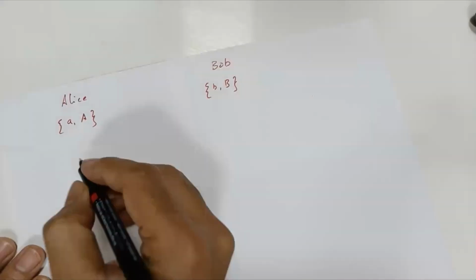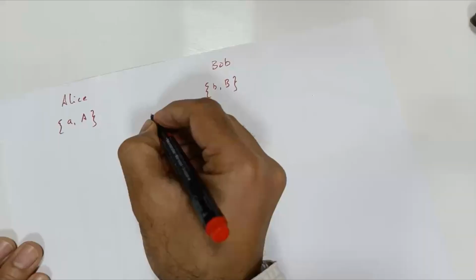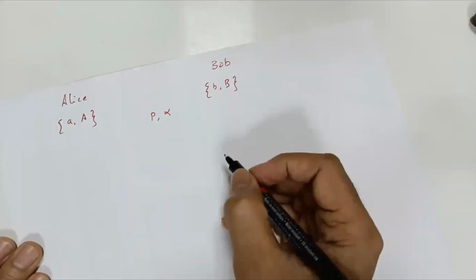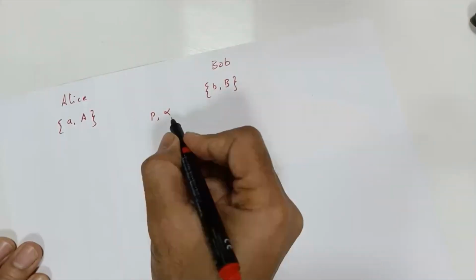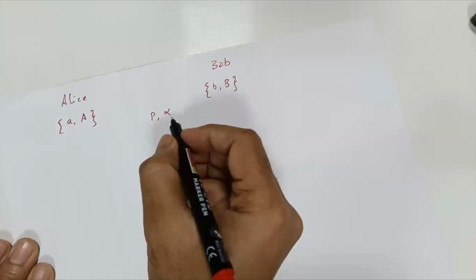Then there are two public parameters, p and alpha. P is a prime number and alpha is the primitive root of that prime number.